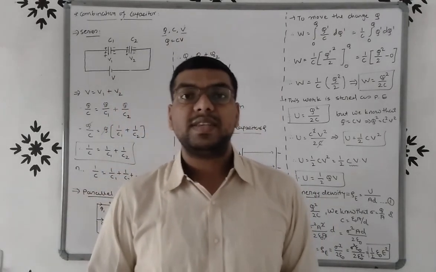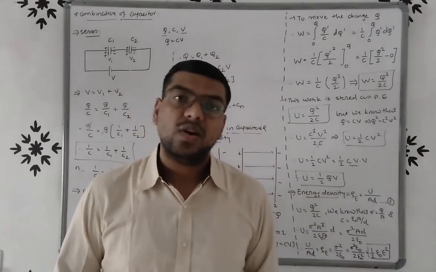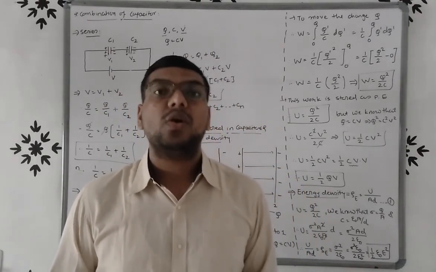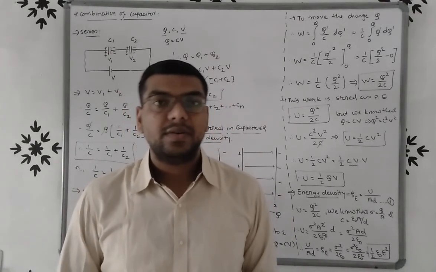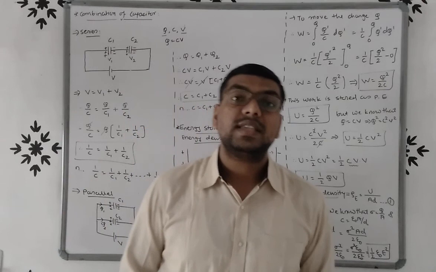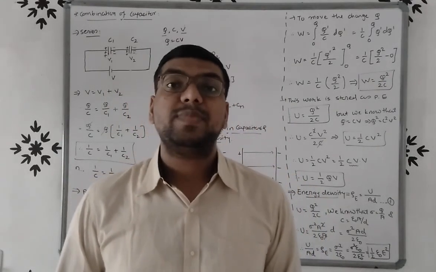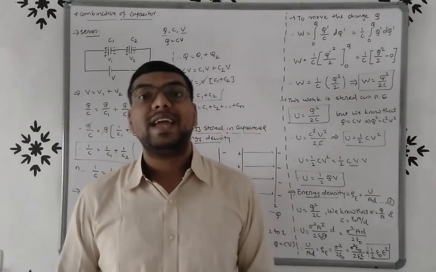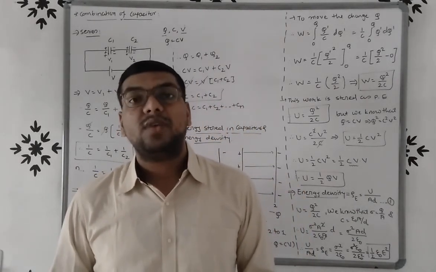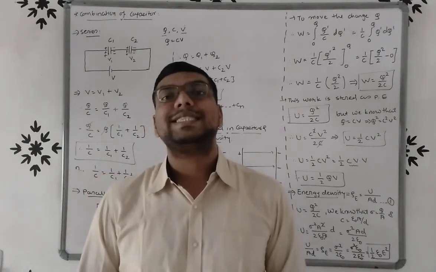Energy stored in a capacitor, that is U is equal to Q square by 2C, or 1 by 2 CV square, or 1 by 2 Q into V. Right? Then what is energy density? Energy density is energy per unit volume. That means rho is equal to U by AD. And the formula of energy density rho is 1 by 2 epsilon 0 E square.